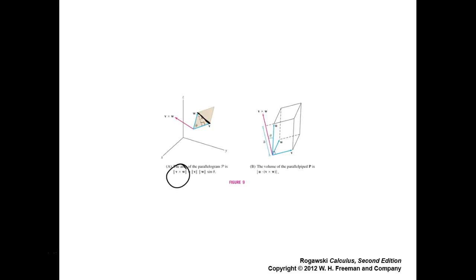So the area of this triangle, we'll call that T, is equal to the magnitude of V cross W divided by 2, which is exactly half of the other. That is not on the slides, but it is in your book.